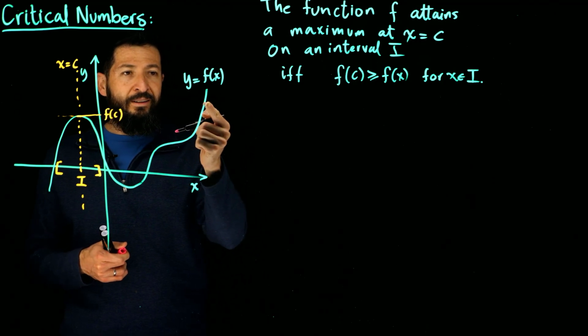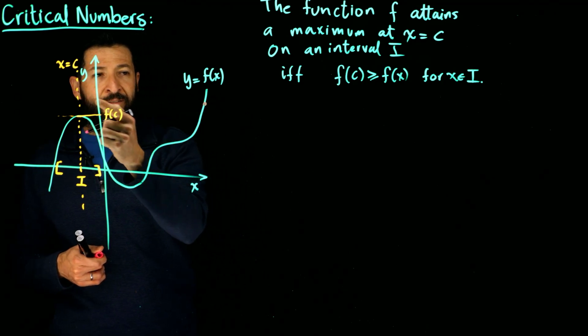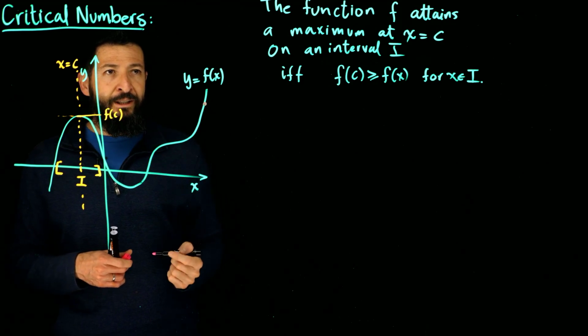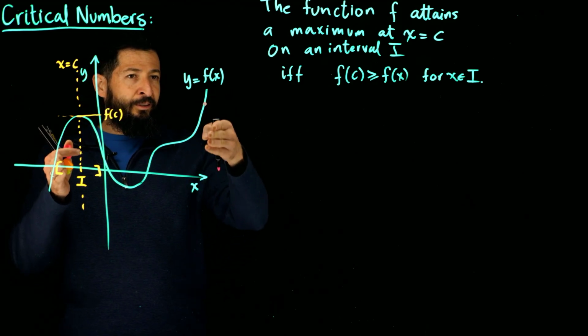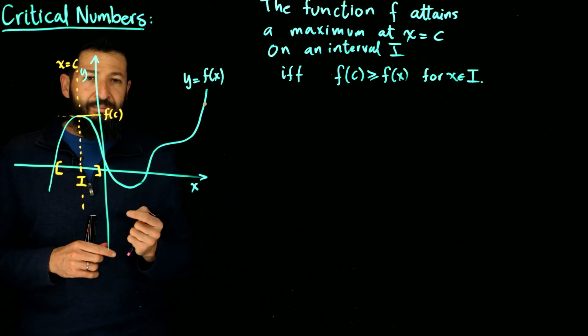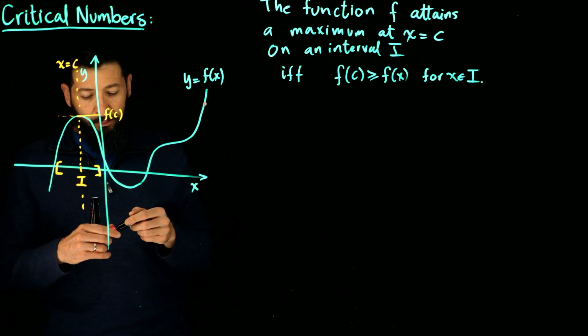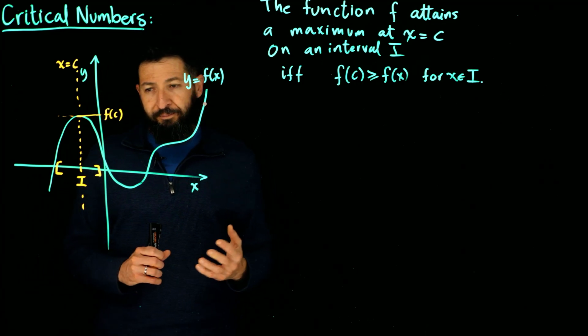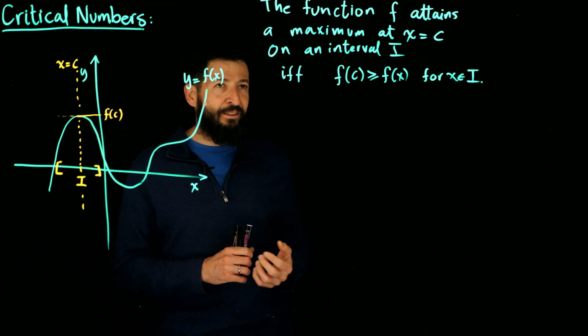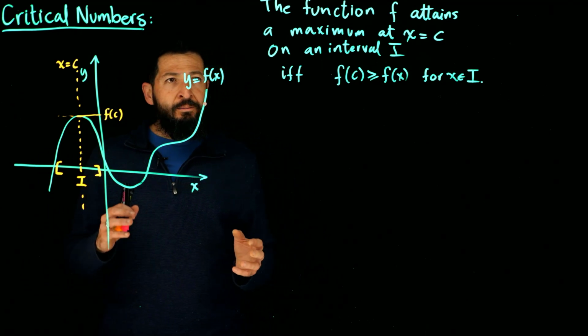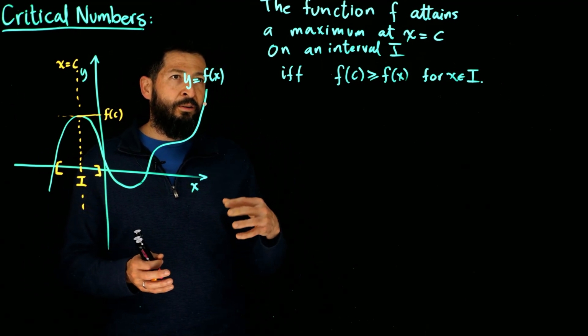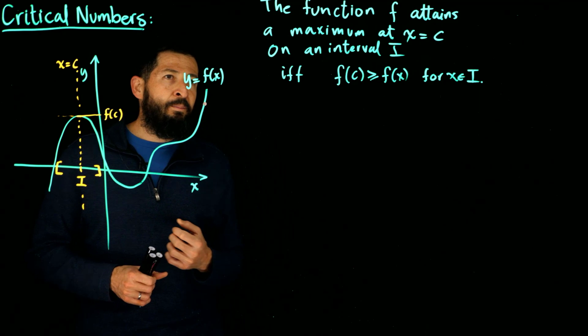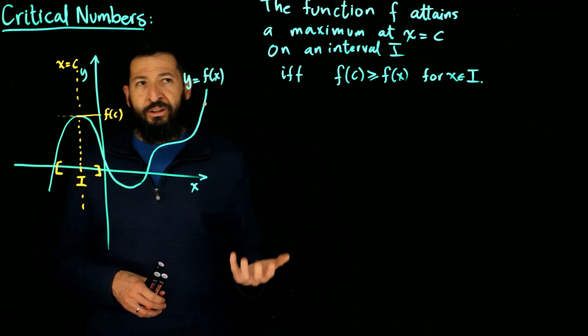Say this value of y is larger than f of c. So if my interval includes that point, c is no longer a point where the function attains a maximum. So that highlights an idea here: maxima and minima, or what is called extrema, are dependent on what interval we're considering.